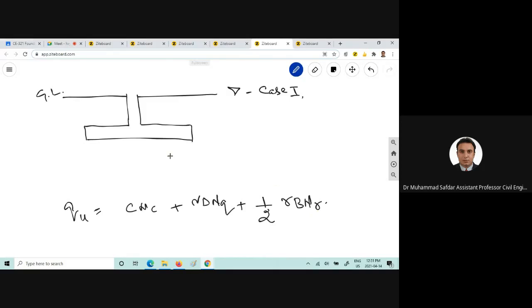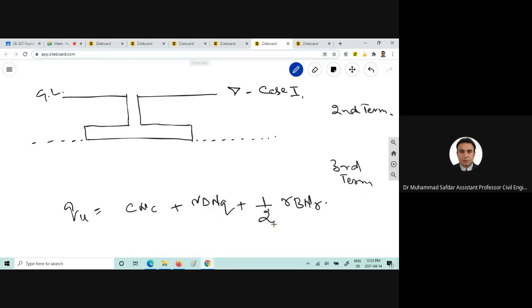Okay, so what do you think about the unit weights? For example, this is the first term, the second term, and this is the second term gamma, and this is the third term gamma.